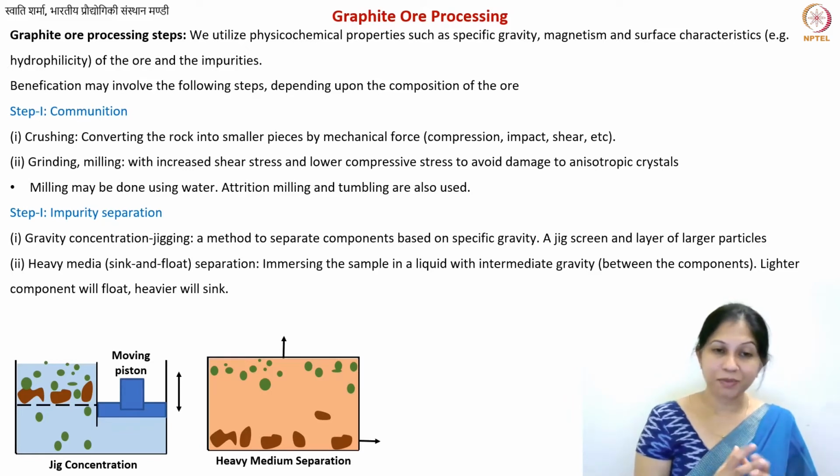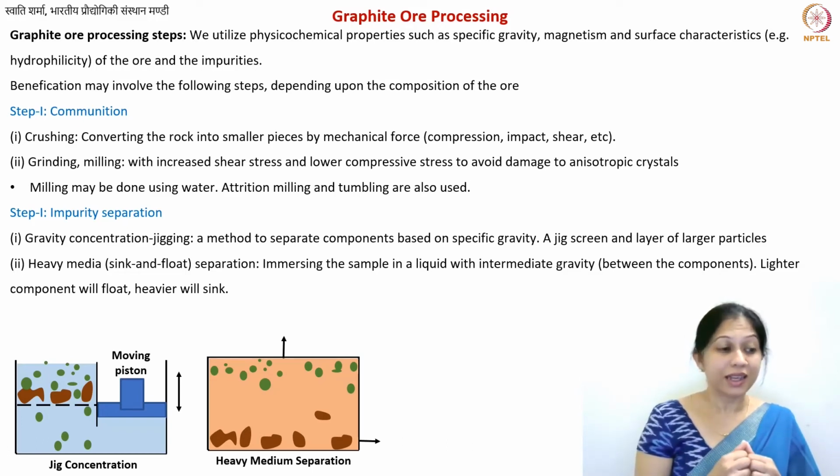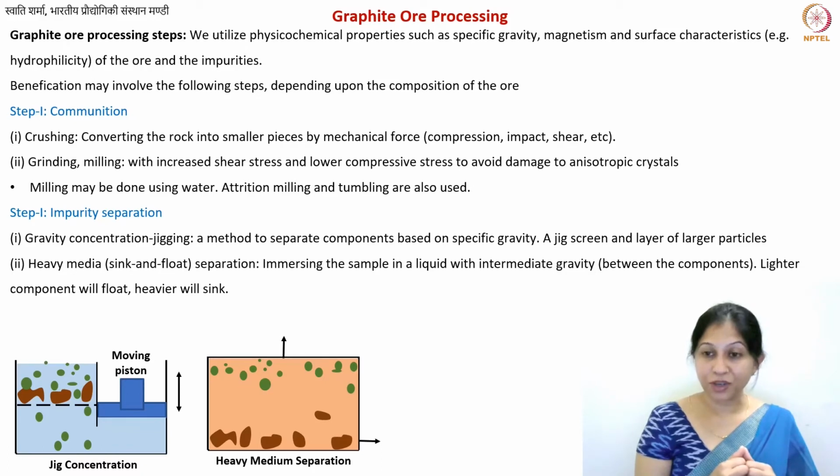There may be certain impurities. So now you're playing with the specific gravity of the medium. This is a heavy medium. In this case, certain impurities which were floating in the case of water may also get settled.